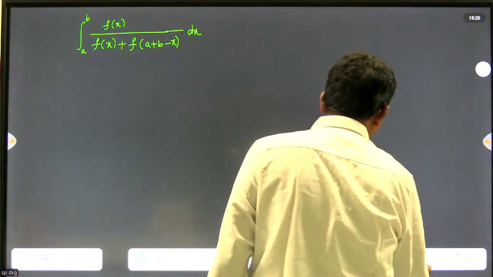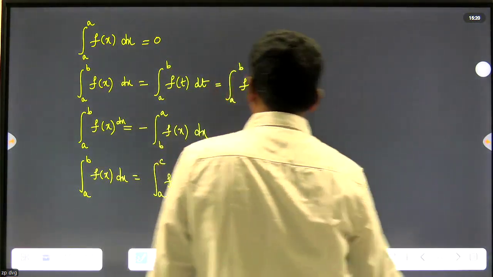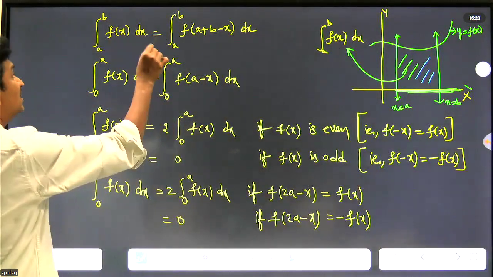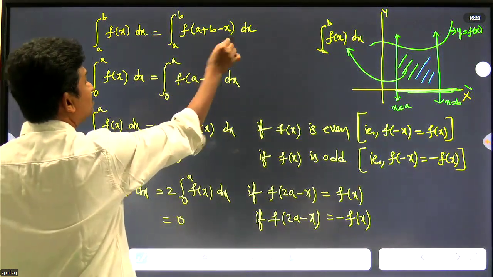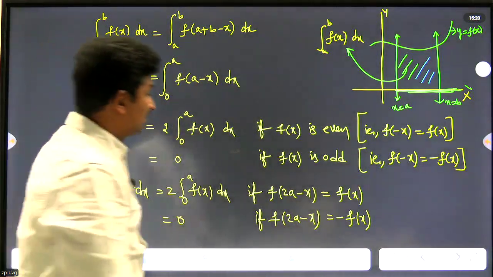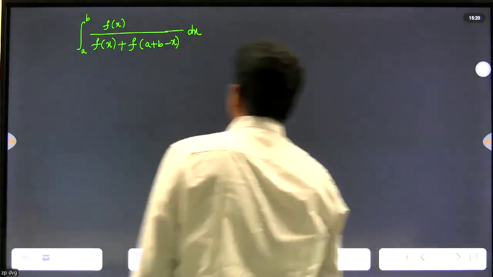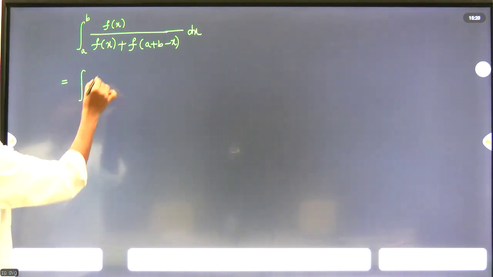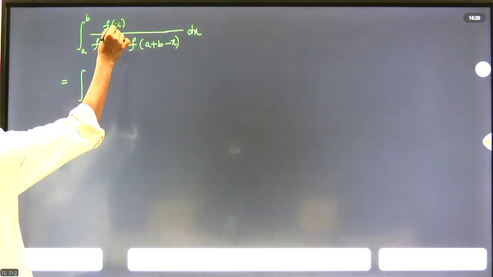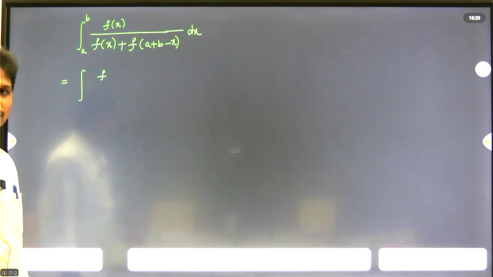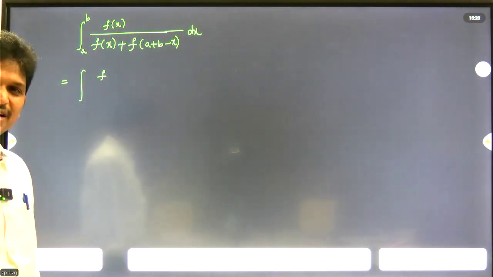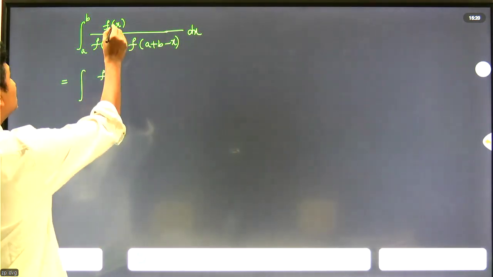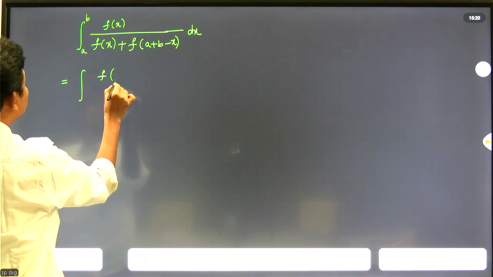Just now, we discussed these formulas. The integral of a to b f of x dx is the integral of a to b f of a plus b minus x dx, right? So I'll apply that formula. Where x is there, you can write a plus b minus x.